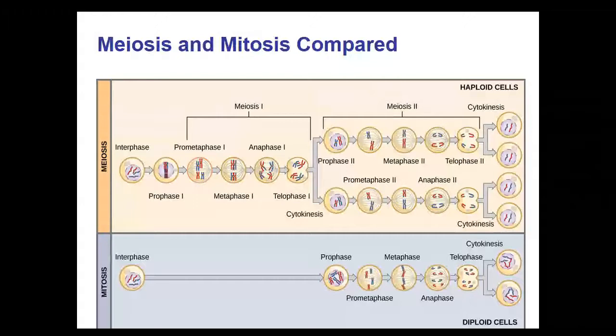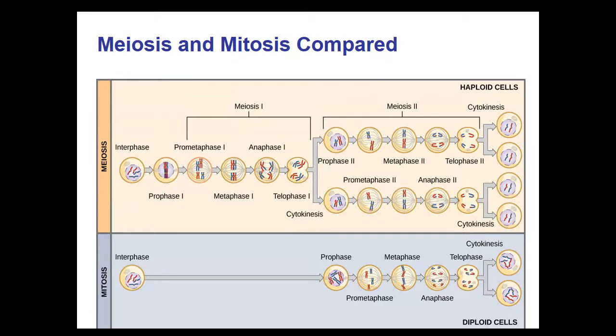But how this is different from mitotic cell division is that when these chromosomes line up in the center in metaphase, the chromosomes of the pairs are side by side. In mitosis, they're just by themselves, all lined up. But synapsis happens, so both number one chromosomes are side by side, and both number two chromosomes are side by side in metaphase of meiosis one.